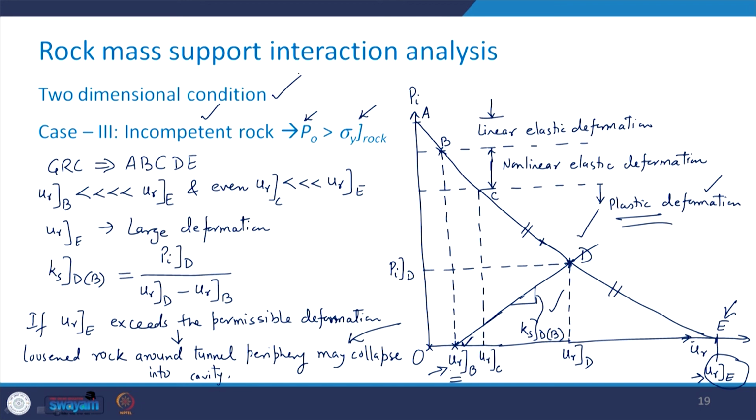So, this is how we can understand the ground response curve and the support reaction curve in simple 2D conditions. So, for different types of rock, like in case of the competent rock, you had the completely linear response. In case of the incompetent rock, but when this P naught was less than the yield stress of the rock, there the whole system was in the elastic domain, although it went into the nonlinear regime, but still it was in the elastic domain.